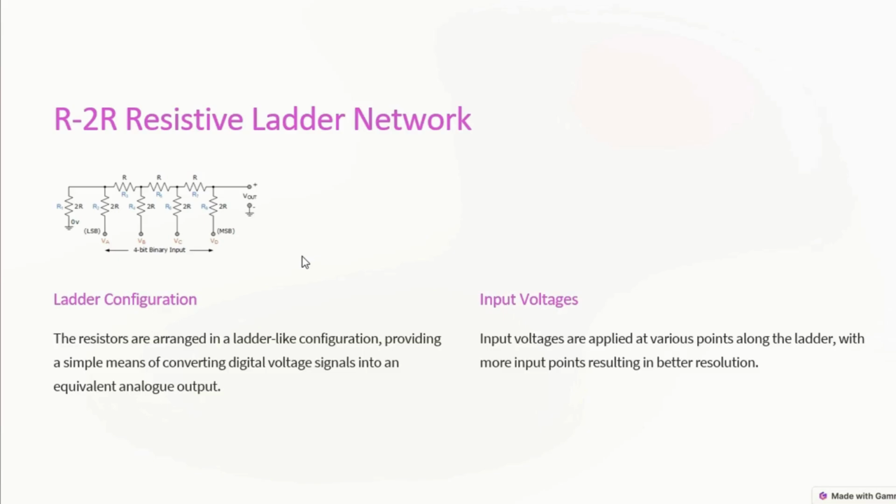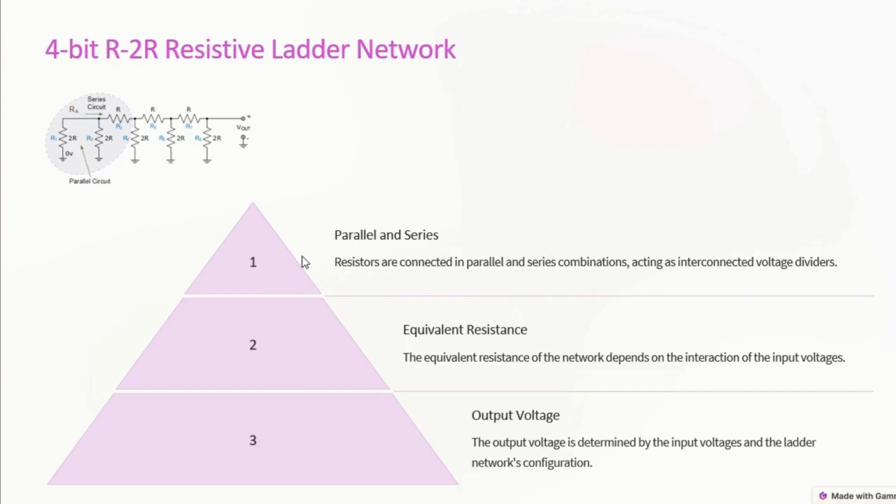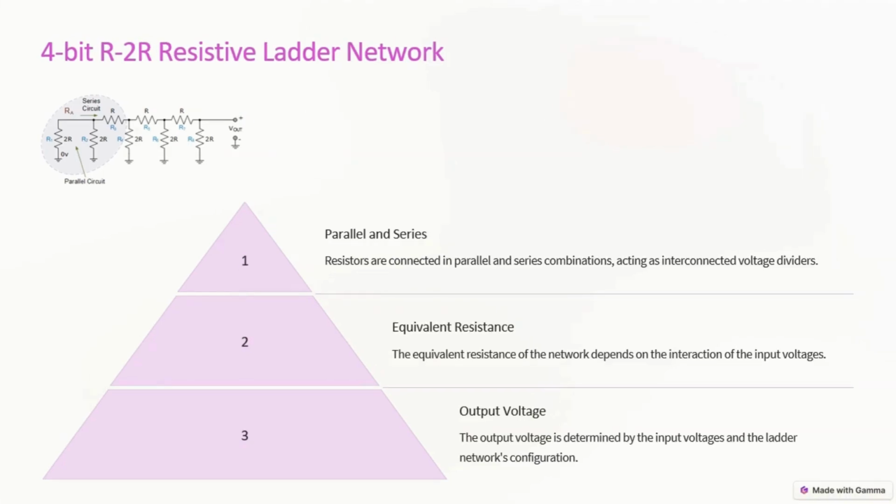Consider the basic 4-bit R2R network here, including parallel and series resistors and an output voltage, which is connected to an amplifier. This 4-bit resistive ladder circuit may look complicated, but it's all about connecting resistors together in parallel and series combinations and working back to the input source using simple circuit laws to find the potential value of the output.